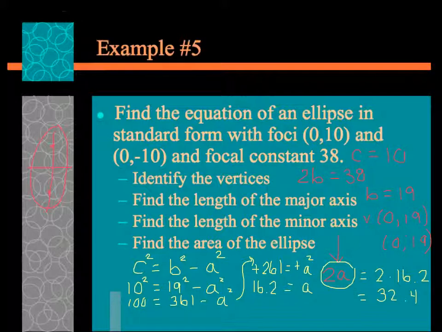Finally, the area of all ellipses, whether they're tall or wide, is always equal to pi a b. So we now know that a is equal to about 16.2 and b is equal to 19. So when we multiply 16.2 by 19, we get 307.8. So our area is about equal to 307.8 pi.